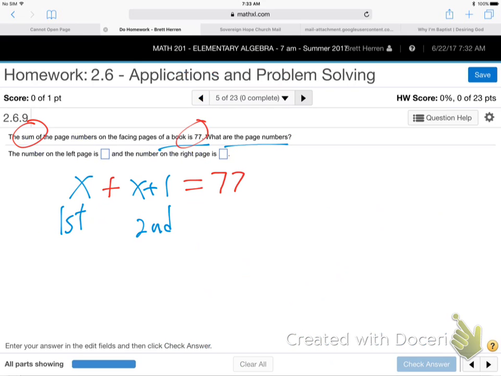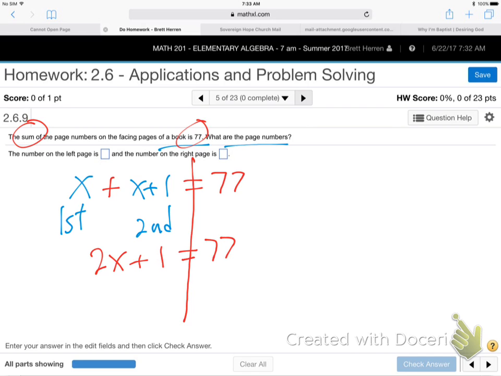All right, can you solve that equation for x there? Go ahead and solve that equation. I'll give you a second. All right, so combine like terms, x and x: 2x.